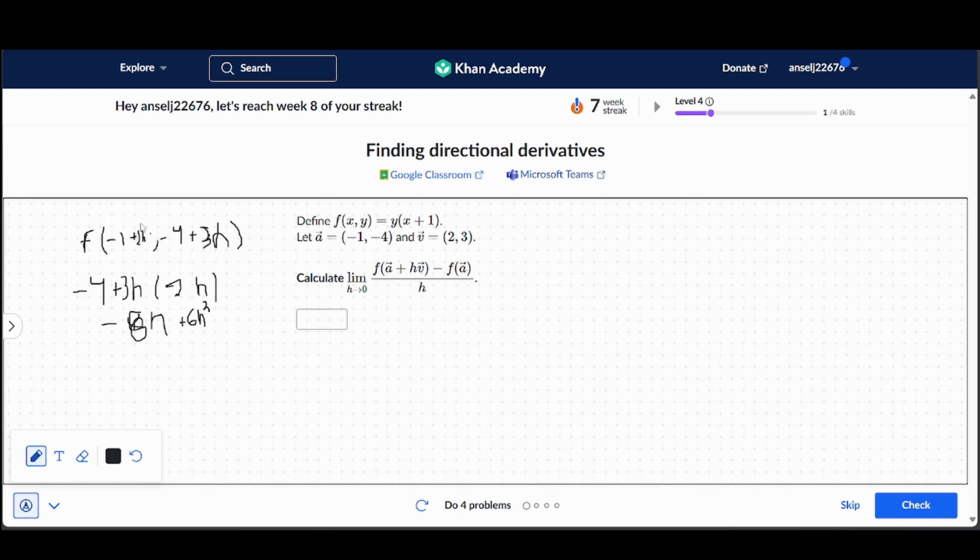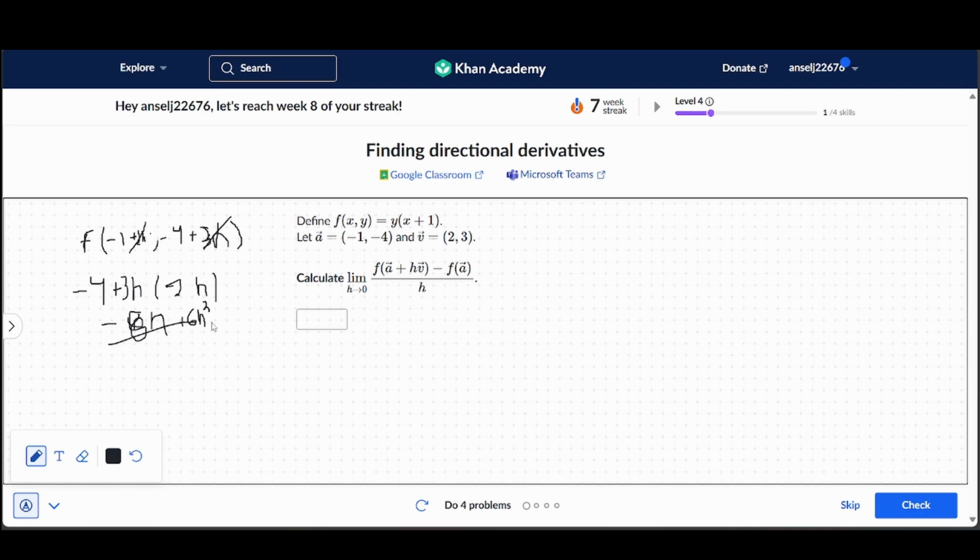So this thing, f of a, it would just be that and that. Right, yes. So it would just be 0, because it's multiplying by 0. Yes.